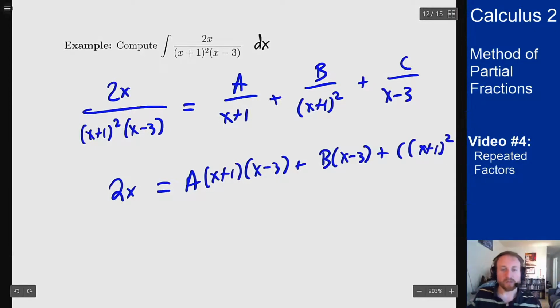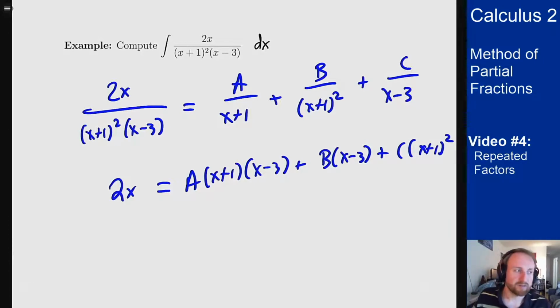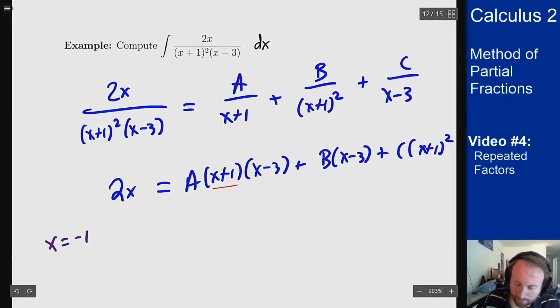You have to be careful with how you clear the denominators, because remember, the first term is just 1 over x plus 1, but I'm multiplying through by x plus 1 squared, so I'll get two copies of that, only one will cancel, and I'll still be left with this x plus 1 here when I simplify the expression. Now, to go for value substitution, we can first plug in minus 1 to get rid of the x plus 1 terms. On the left, I get minus 2.